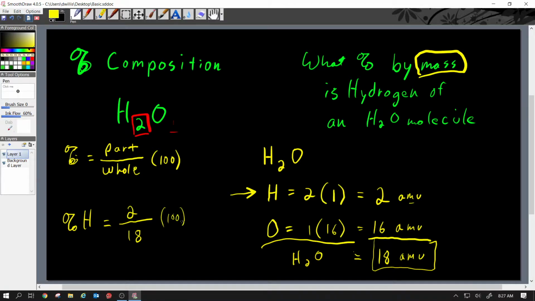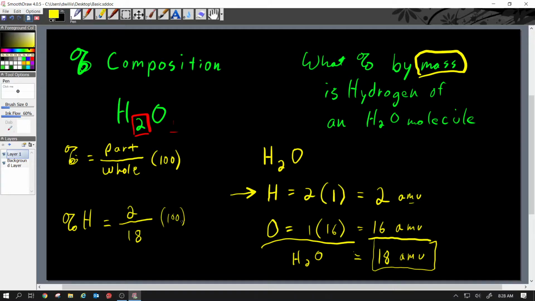Now I want everybody on your calculator to hit 2 divided by 18. And I want you to see what it tells you. Okay, it gave you a decimal. Did anyone's give them just the fraction 1/9? If it does that, that's just the mode that it's in. If you hit Control and hit Enter again, it will give you the decimal.